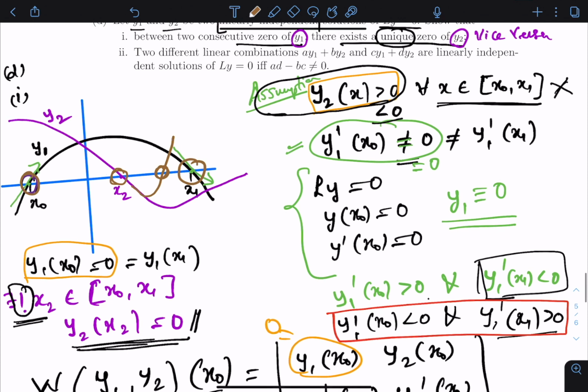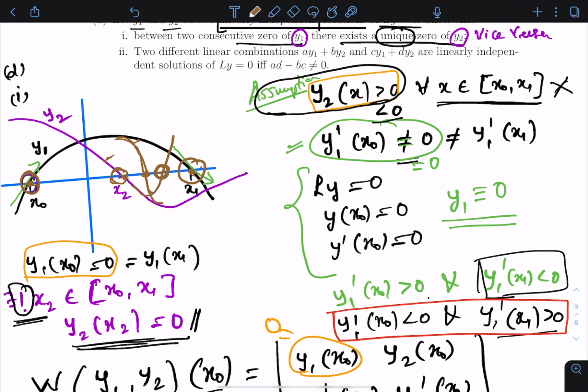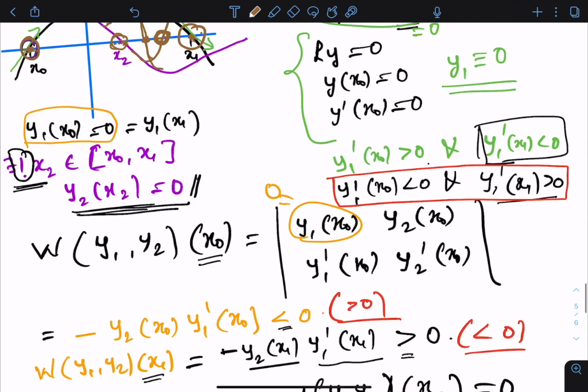Suppose this function has more than one 0 between these consecutive zeros, and since these two solutions are linearly independent, this function should have its 0 in between these two consecutive zeros. And if that's true, then that contradicts the fact that these two points are consecutive zeros, because now you have introduced another 0 between these two consecutive zeros, which means that there cannot be another 0. That's the proof which I have explained.